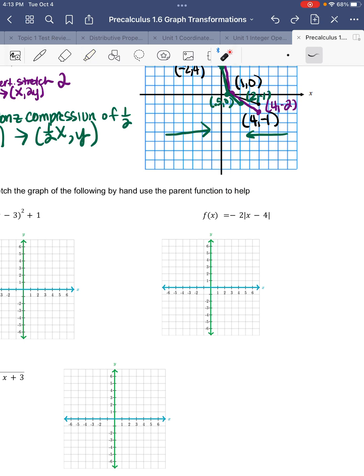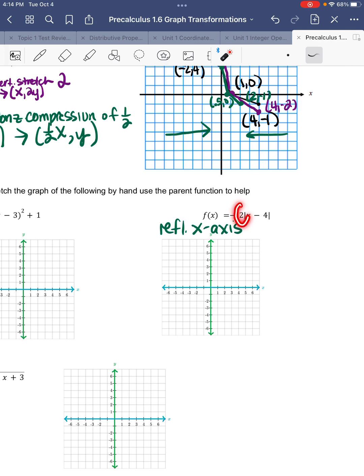First of all, let's make sure we're dealing with that negative in front and that 2 in front as two separate transformations. Yesterday, we said a negative out in front of a function reflects something over the x-axis. So this is reflected over the x-axis.